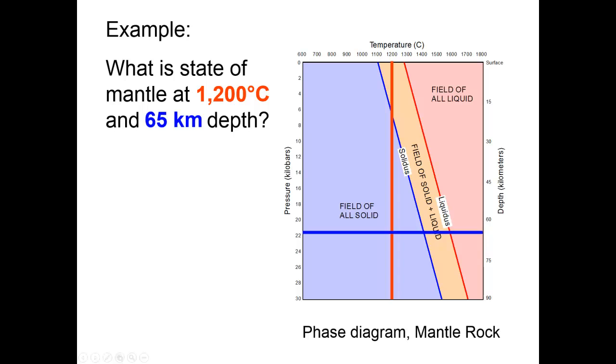So if we're at 1200 degrees C and 65 kilometers depth, then we have to lie at the position given by the yellow dot, which is of course within the field of all solid. So in other words, under those conditions of temperature and depth, or corresponding pressure, we would expect to see all solid. We wouldn't expect to see any liquid whatsoever.